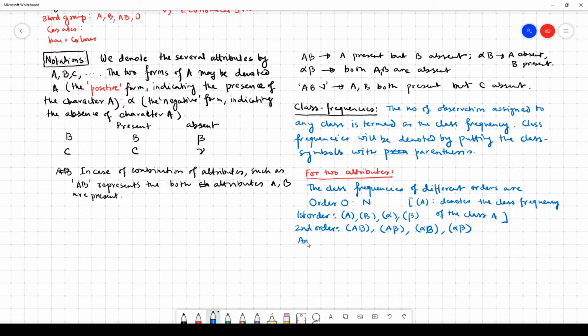So any class frequency can always be expressed in terms of frequencies of higher order classes.